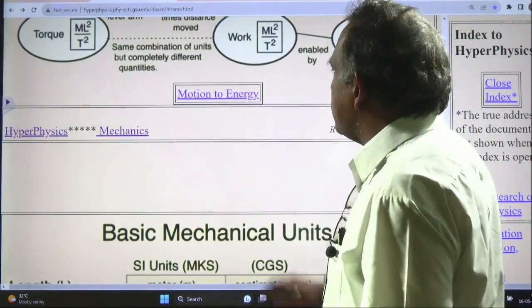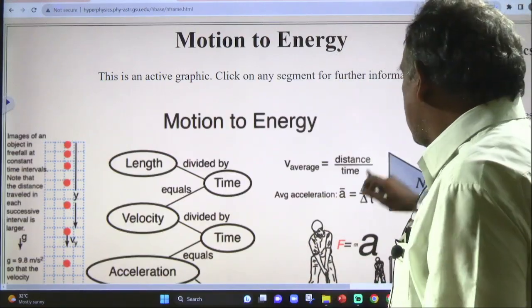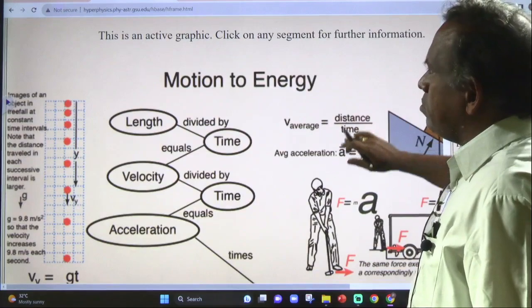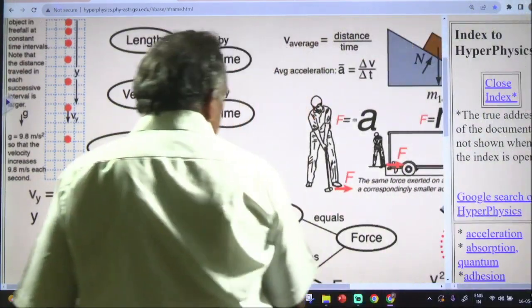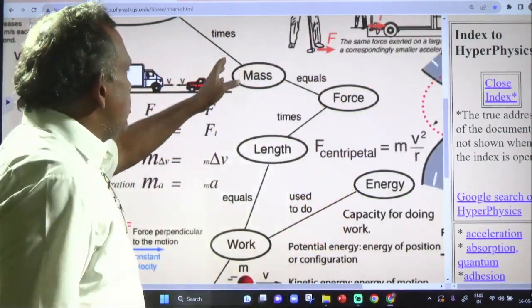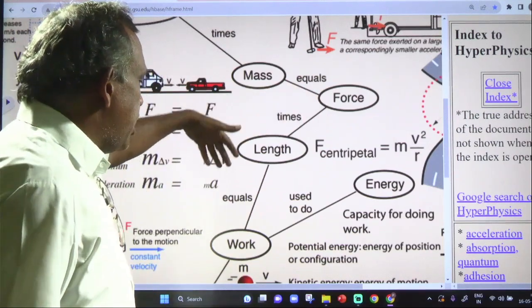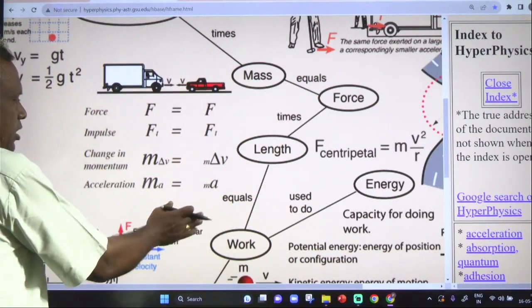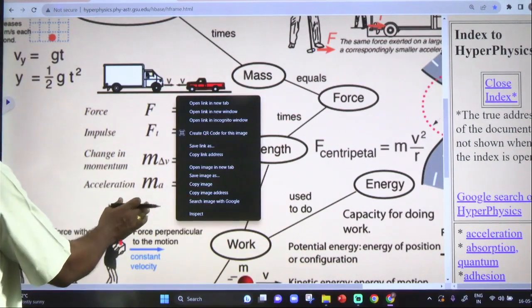Motion to energy. Here, if you observe, there is motion to energy: length divided by time, acceleration, and you get mass. Force into length, that is force into displacement, is work, which is equal to energy.